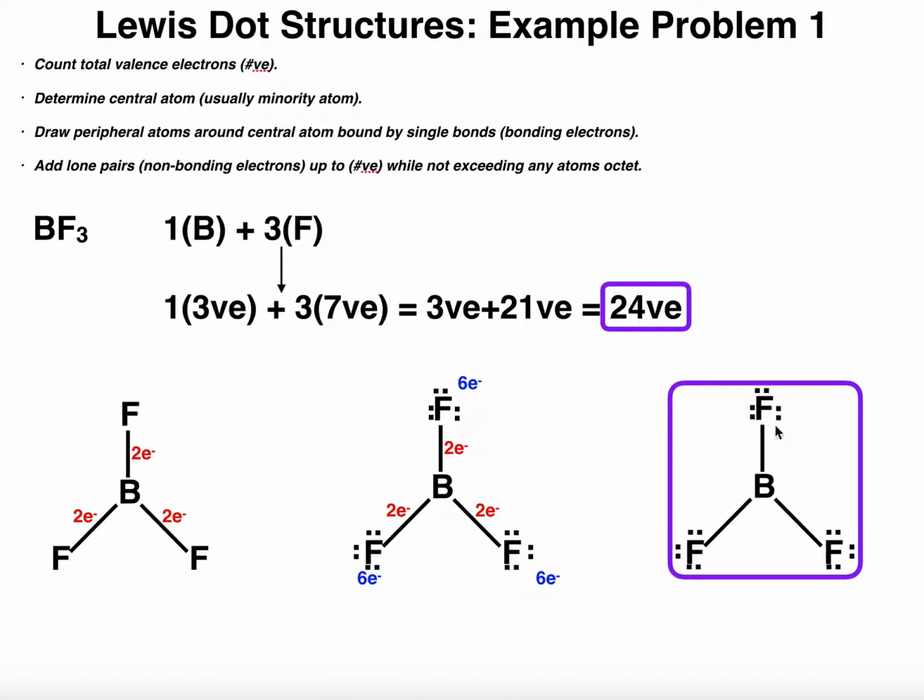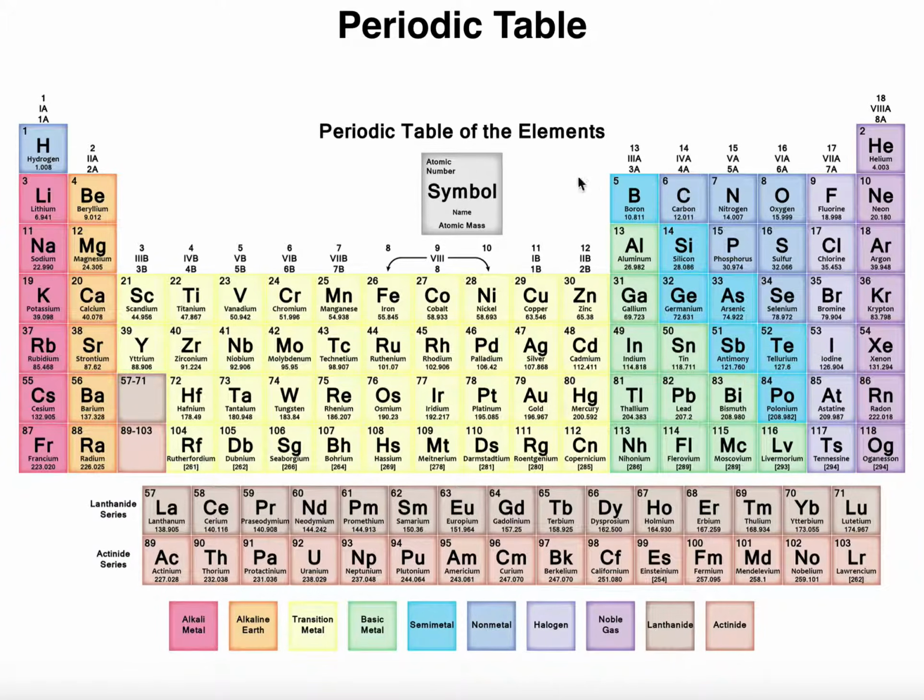One thing I will tell you though is this boron is less than its octet. One thing that's important to remember about boron in particular, and also aluminum, is that while they can't have more than an octet, they can have less, and it's actually common for boron and aluminum to have less than an octet. That's a property very different from carbon, nitrogen, oxygen, and fluorine.